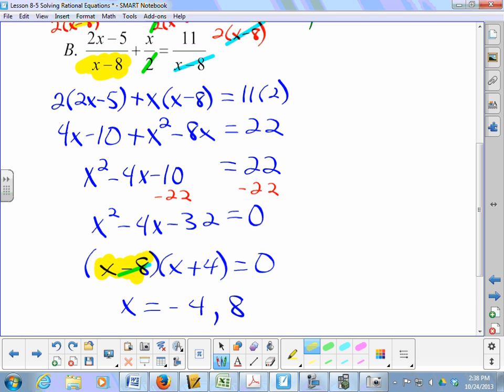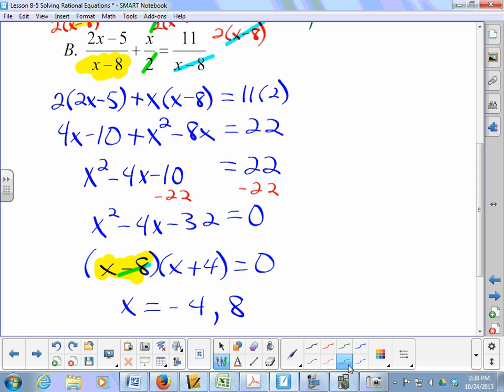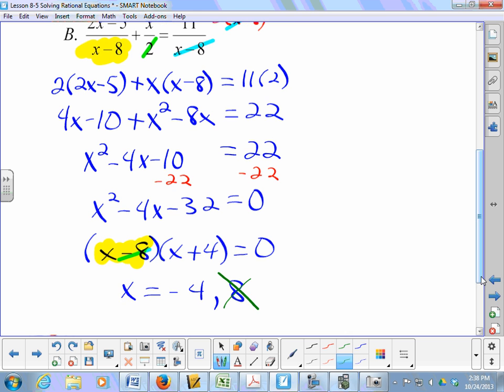So when I put 8 in for x, what happens in the denominator? Okay. We get 0, which means that we're going to be dividing by 0 there, and we can't divide by 0. So 8 is an extraneous solution, does not work. So my answer is just going to be x equals negative 4.